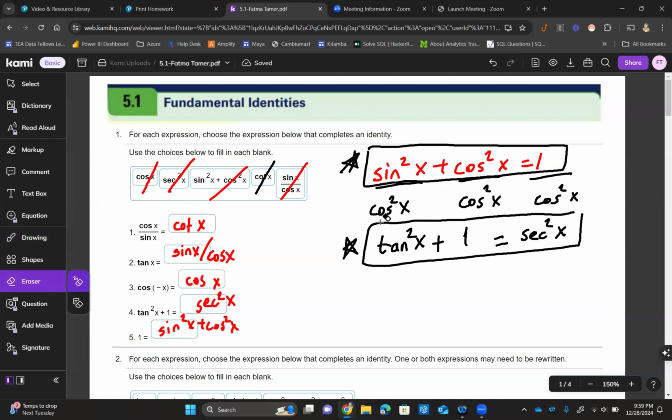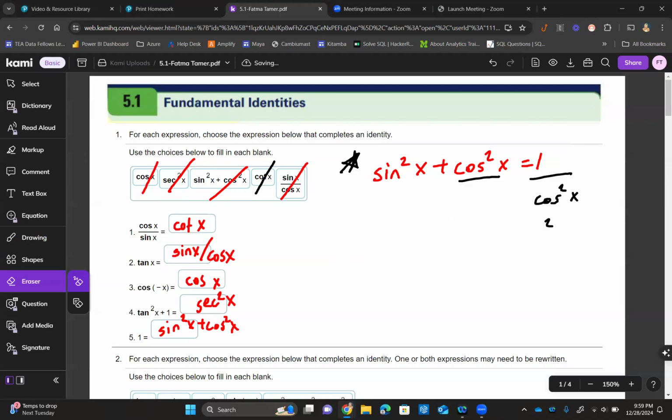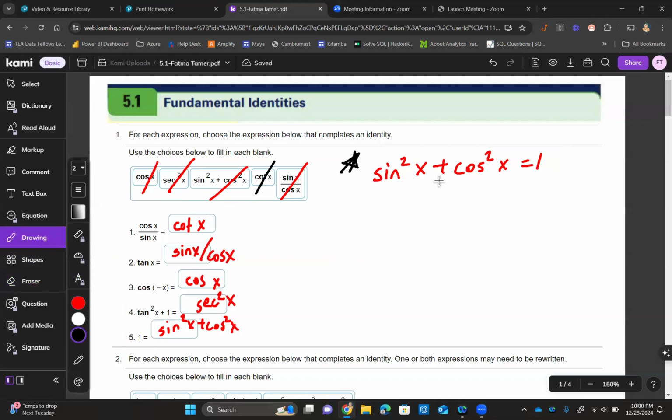Instead of dividing everything by cosine squared x, from the main identity, if we divide everything by sine squared x, let's see what happens. We are still using the main Pythagorean identity, but we are trying to derive different versions of it. Now, when I divide everything by sine squared x, sine squared x divided by sine squared x is now 1.